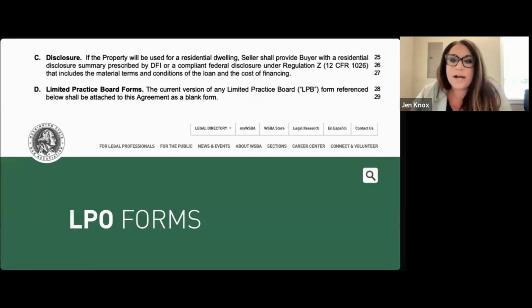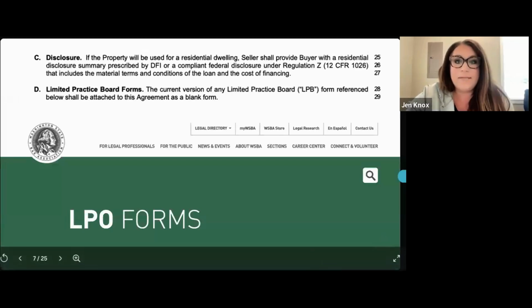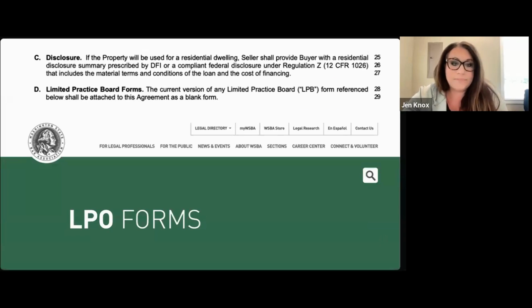And these Limited Practice Board forms should be kept on file with our brokerage file. So as soon as they're filled out with escrow, we want to make sure we have a copy of those. Make sure you are CCing the TC so we can just keep everything together, because this form does reference specific forms that need to be attached.